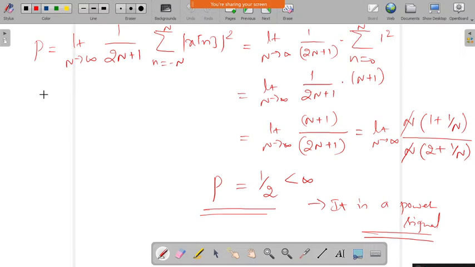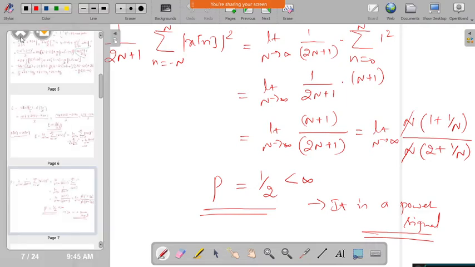Yes, sir. Or is it applicable to specific problems only, sir? No, you can take that summation minus infinity to plus infinity only for energy, but based on the expression, from where to where the limit is there, then you can put that. That is based on again how the problem is given.